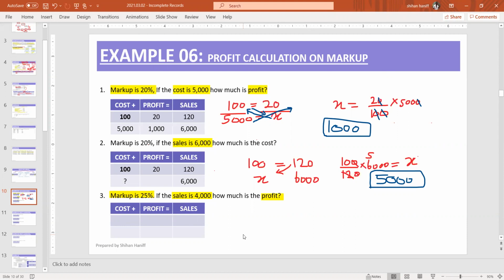Use the cross multiplication. Profit, we need the profit.